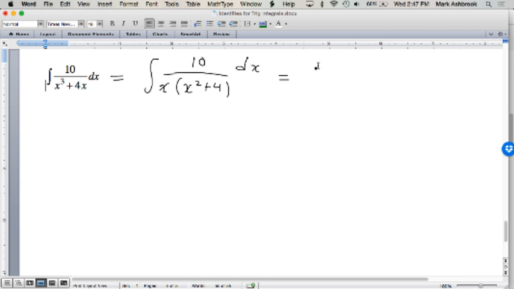So here we go. So we're going to have a over x. Now, this is a true quadratic because it's not a linear term squared. You can't factor that. It's stuck as a quadratic.